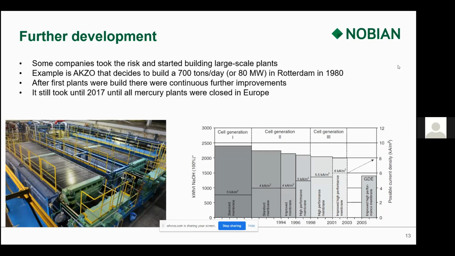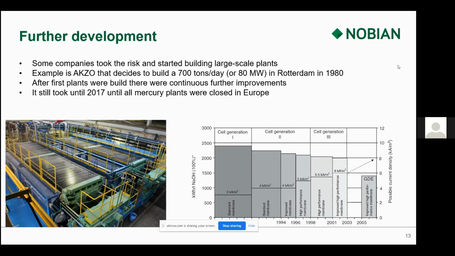And I think we had a very courageous management in 1980 who was willing to build an 80 megawatt plant in Rotterdam in 1980, because there was a demo unit and they trusted the results of the demo unit. I think it will not have been easy management discussions, but I think everybody is happy that in the end they chose this new technology.